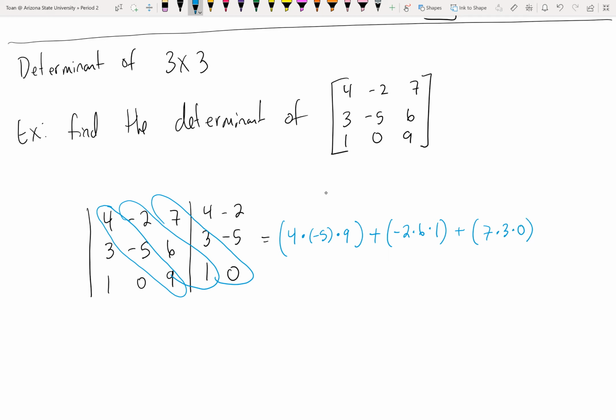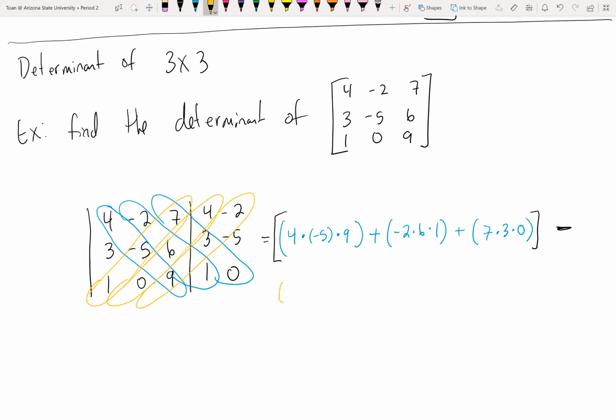We're okay with that? I'm going to put square brackets just to group them together. And then just like with the 2 by 2, we're going to minus the yellow diagonals. How do you start with the yellow diagonals? You start at the bottom left corner. Here's one diagonal, here's another diagonal, here's another diagonal.